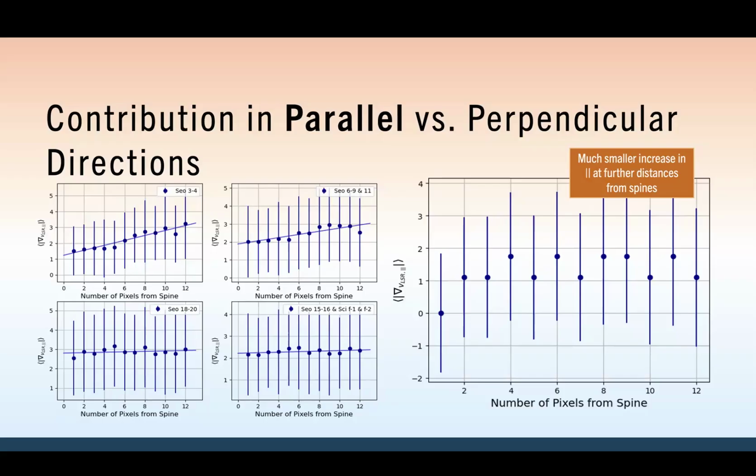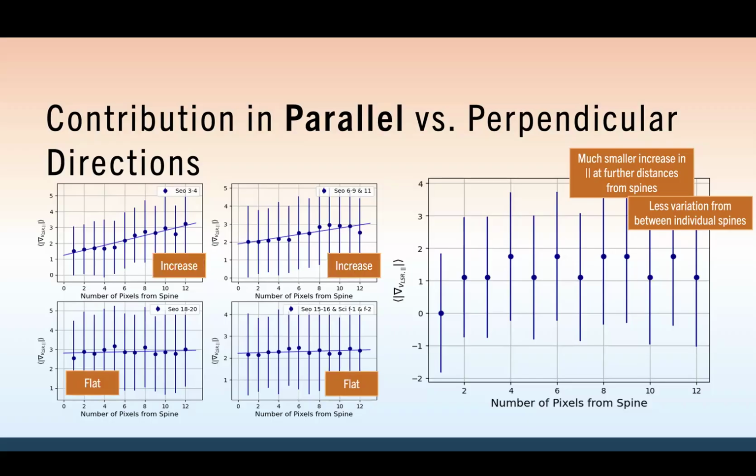Then we can see roughly the same thing in the parallel gradients at increasing radii. There is a little bit less variation, and it's a much smaller increase. We don't see any that are decreasing in the parallel gradient at higher radii, just some that are a little bit more flat and some that have a slight increase.